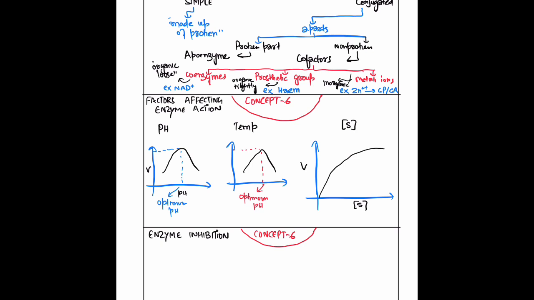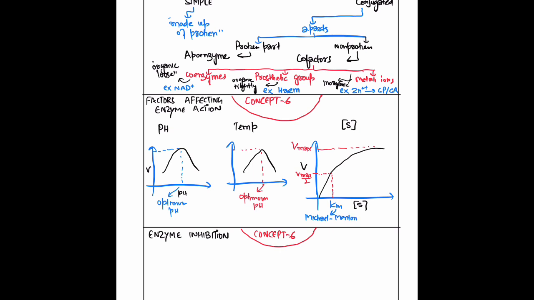This maximum velocity achieved is called Vmax. Actually, at Vmax, all the enzymes have been occupied, all the active sites of the enzymes have been occupied. Now, one thing you must note: if we take Vmax by 2 and plot the substrate concentration with respect to that half maximum velocity, that's known as Km, or the Michaelis-Menten constant.